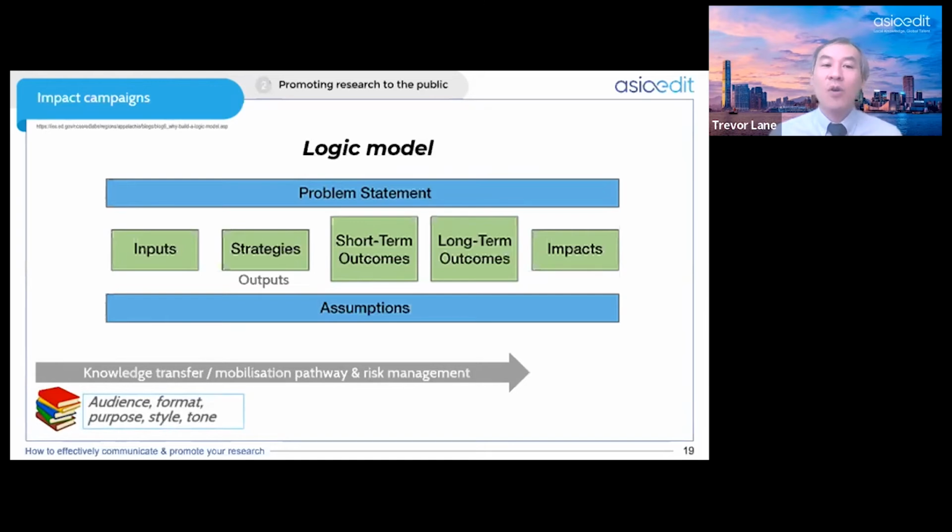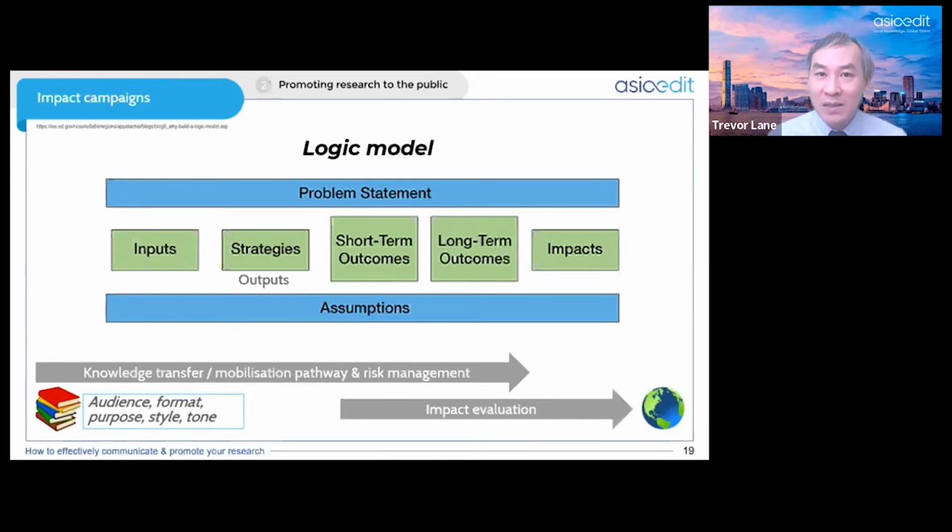So match the audience, the format, the purpose, the style, the tone that they expect, but you can only do so far. The action step, the mobilization step, the usage still depends on the people, whether it's your primary user or the end user. So somewhere along the line, you have to prove that your work had impact. This is something you have to report to the government these days: the impact evaluation.